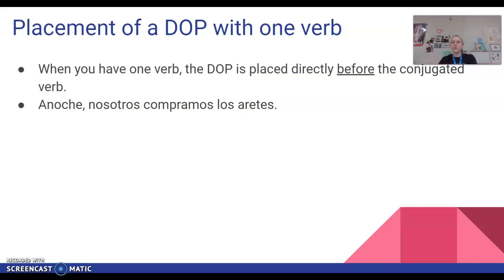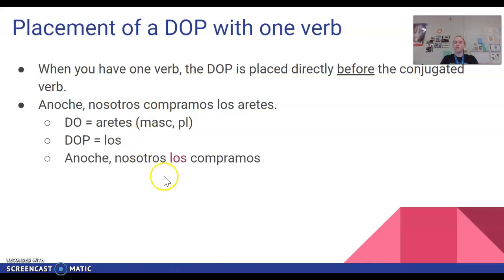Okay, so my direct object in Spanish is los aretes, which are masculine and plural. So the DOP that I'm going to use is los. So I'm going to take out this whole part of my sentence. Okay, and I'm going to put the DOP, which we decided was los, and I'm going to move it directly before the conjugated verb. Anoche nosotros los compramos. Last night we bought them.